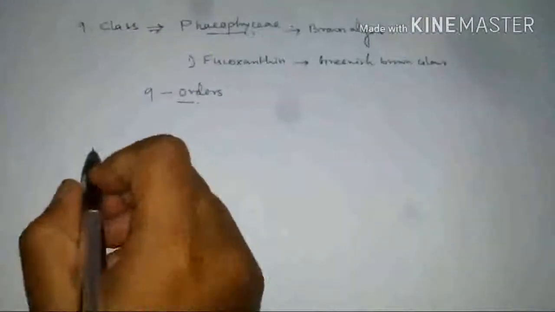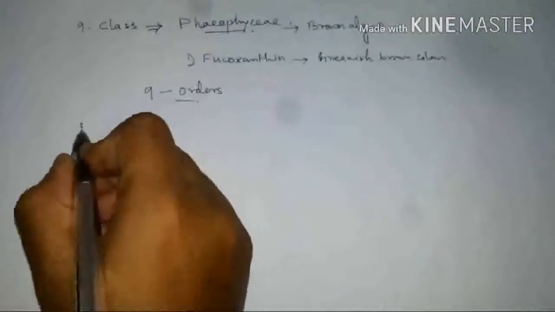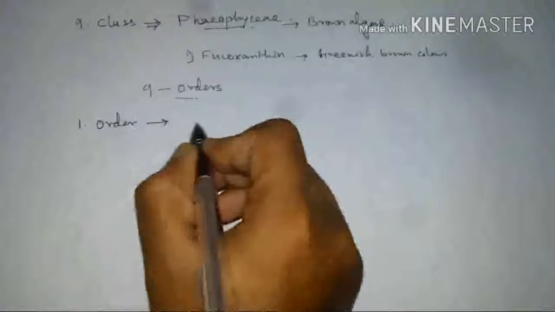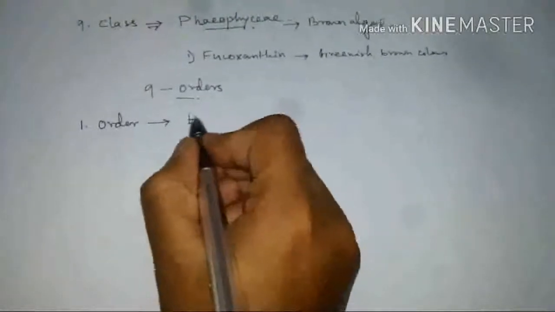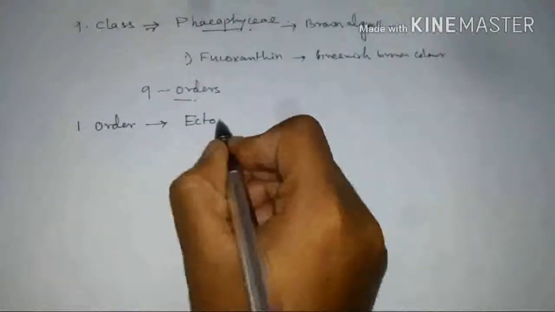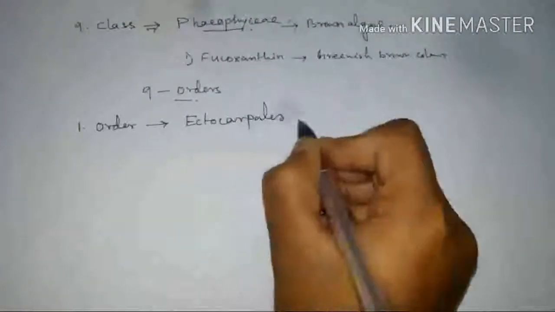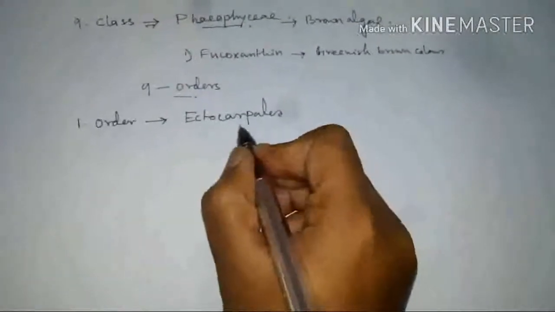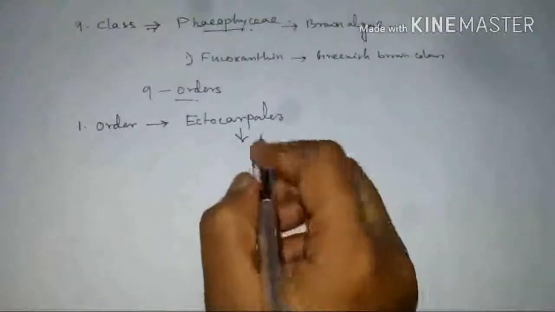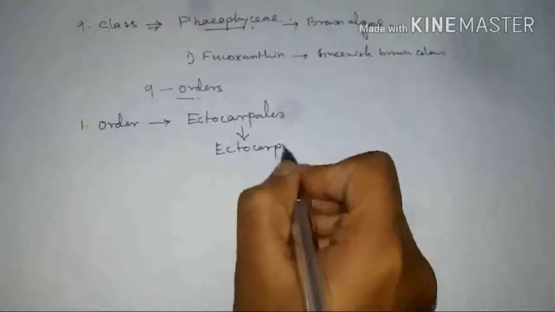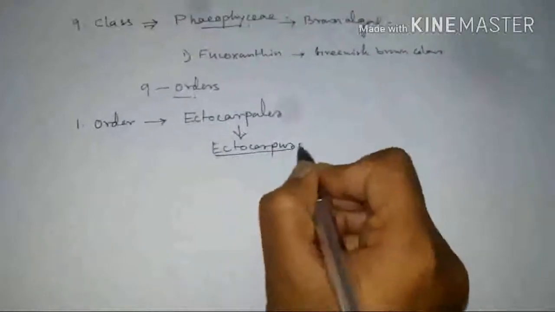So the first order is Ectocarpalis, and an example of this order is Ectocarpus algae.